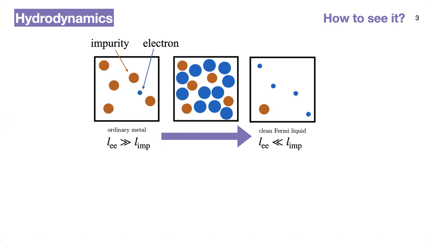We decrease the impurity density in the material in experiment such that the electron-electron scattering is dominant. Well, that is not enough because we also have Umklapp effect for the electron-electron interaction. So in order to have totally momentum-conserving electron-electron interaction, we need to lower our temperature scale and also make the Fermi surface small enough. And that's basically the regime we are interested in.